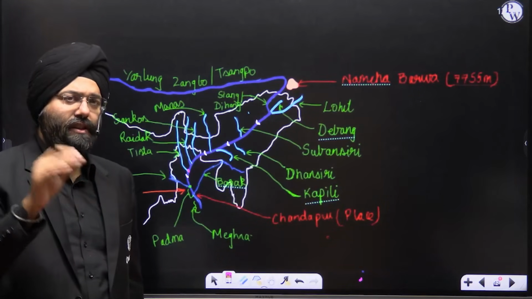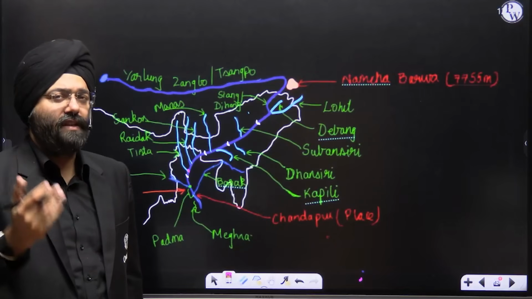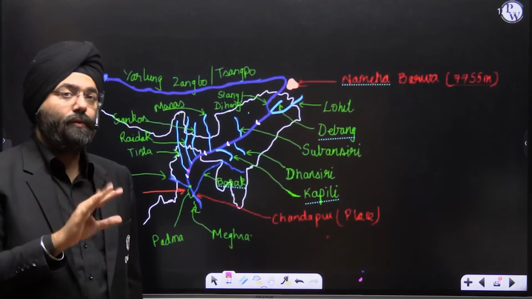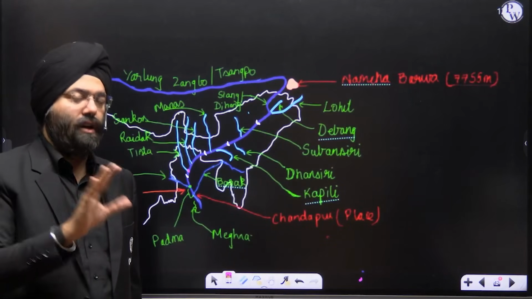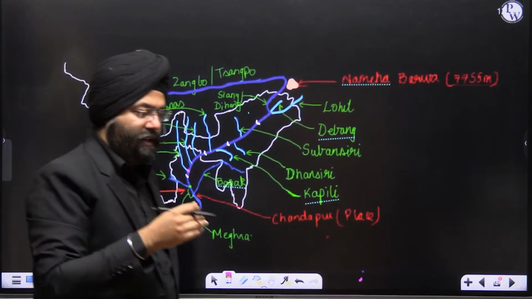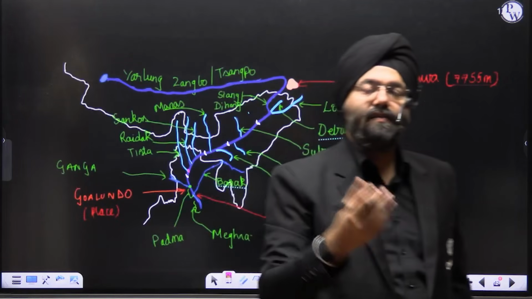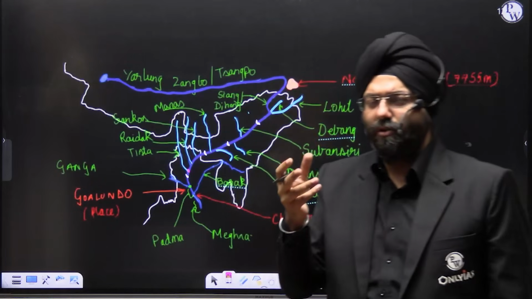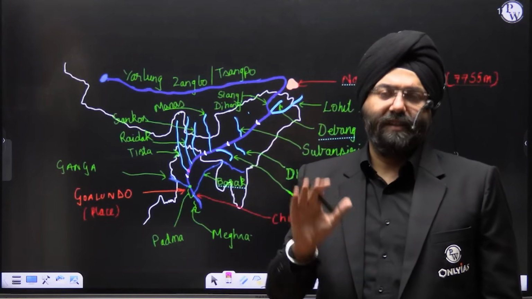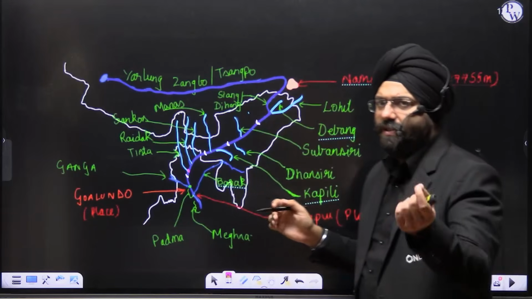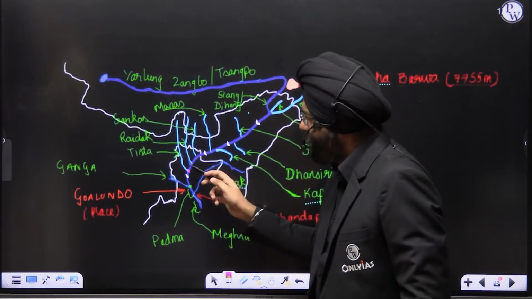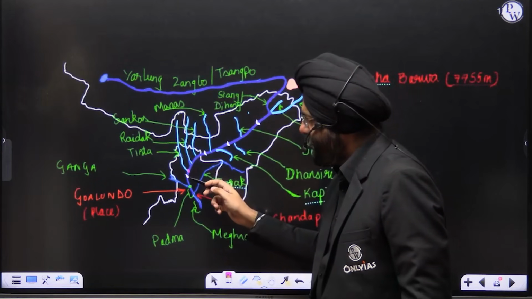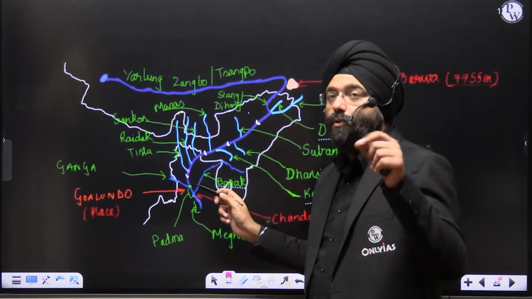NCERT also mentions an alternative spelling based on pronunciation, Yamuna. Please do not confuse it with the Yamuna, a tributary of Ganga, not that. In Bangladesh, when the Brahmaputra merges with Tista, it is known as Jamuna. Sometimes people pronounce it as Yamuna also, so don't get confused if the name is present. We are using the word conventionally as Jamuna. So Tista merges with the Brahmaputra and it is known as Jamuna.